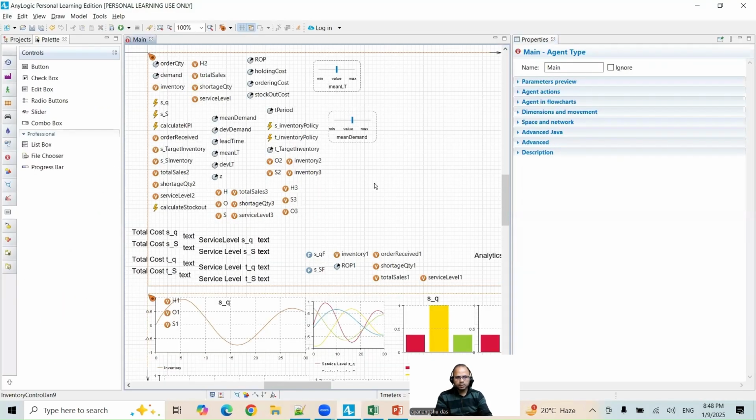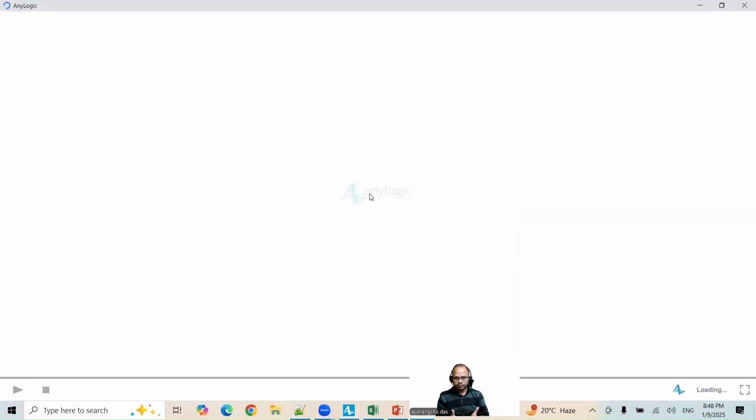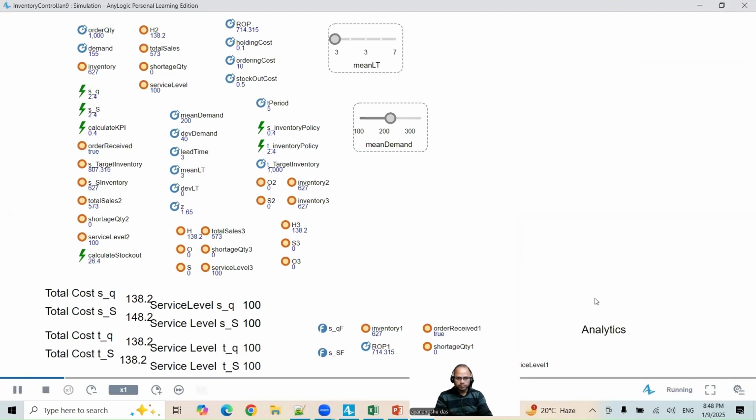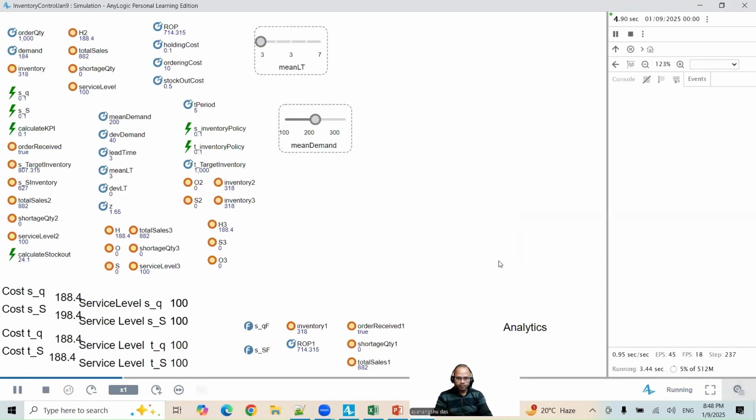Now we will see another scenario where there is a slight demand increase after 10 days. We will see how the different policies behave when the demand changes in between. So suppose after 10 days, this demand becomes around 250.